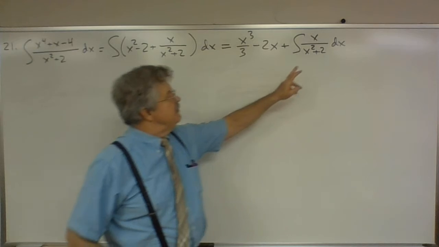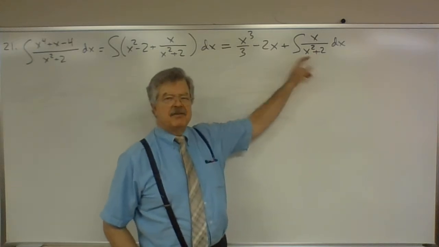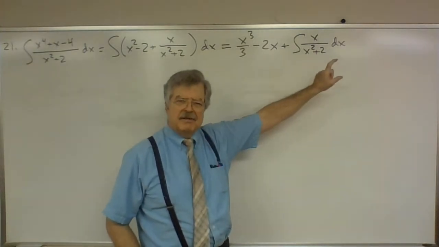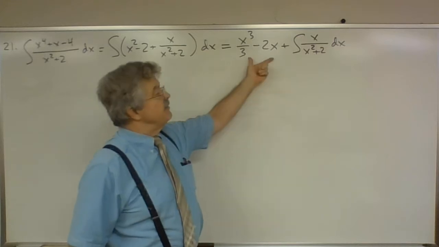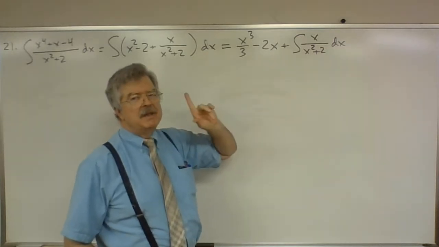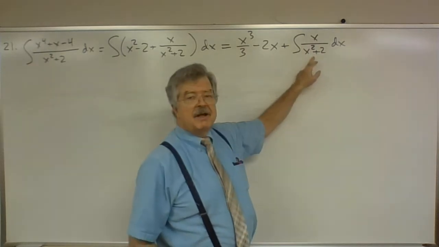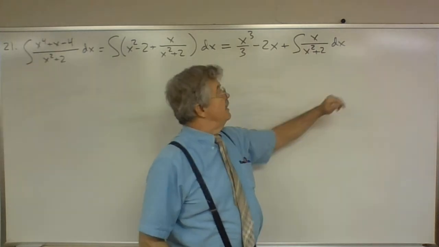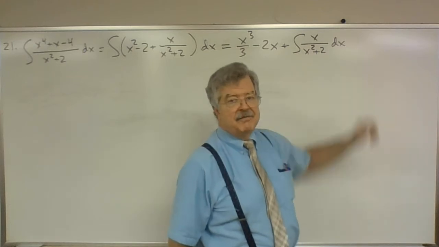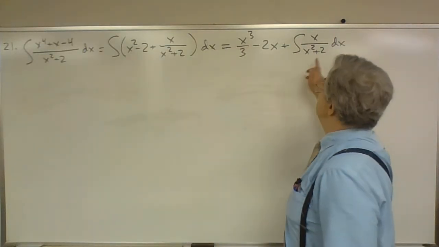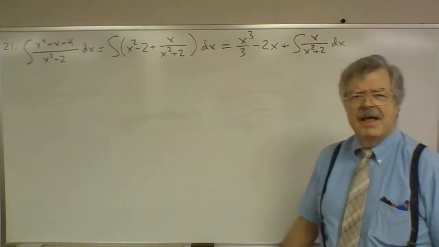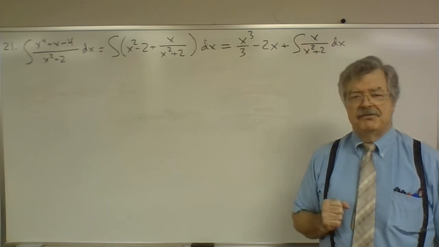And when I finally do figure out what this thing is, then I'll add my plus c to the very end. I didn't add the plus c yet. I only need to add 1. So I'll wait until I compute the antiderivatives of each term, and then I'll add my plus c at the very end. Now this thing here, I'll tell you what jumps out at me.